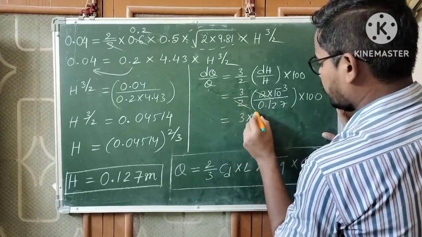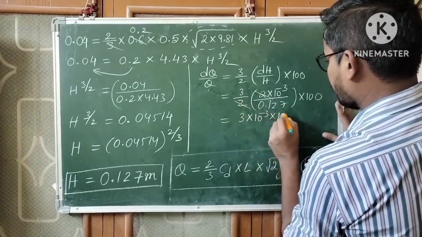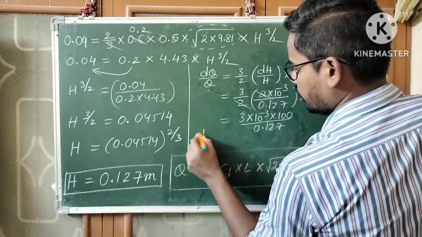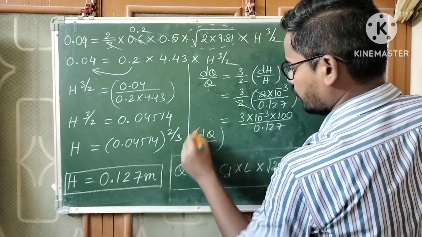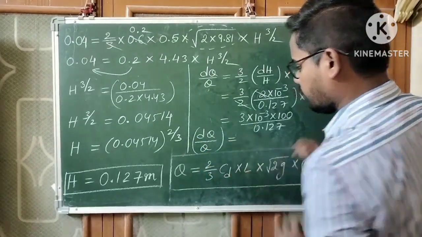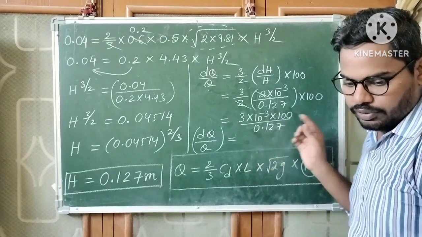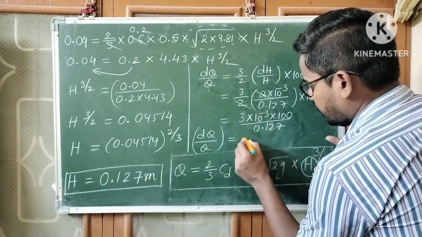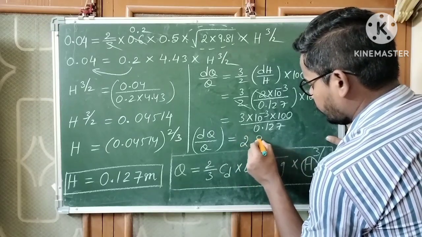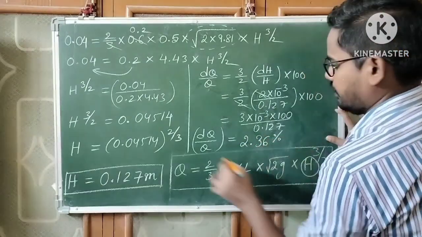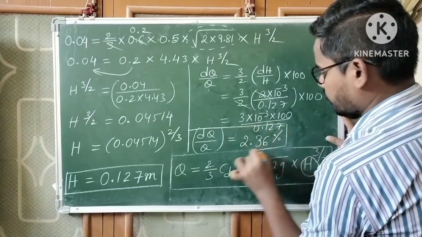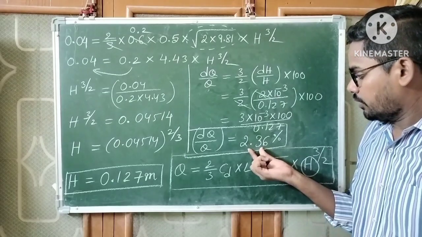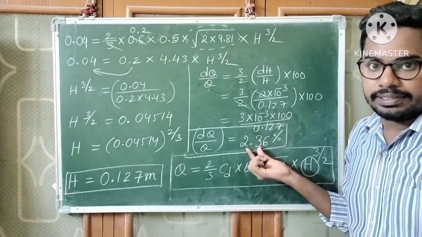You will get 3 into 10 to the power minus 3 into 100 all divided by 0.127. If you find this value, you get the final answer, approximately 2.36 percent. Therefore the percentage error in the discharge is 2.36 percent. This is the final answer.